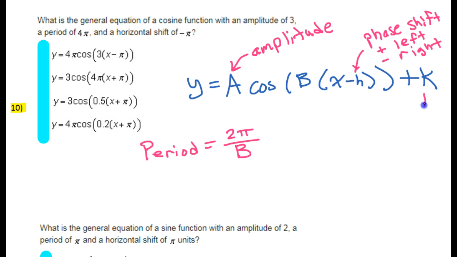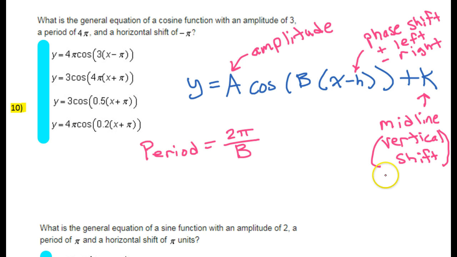Alright, and finally the K value is the midline. Basically it's a vertical shift, and this one works like normal. If it's positive, it'll be up, and if it's negative, it will be down.